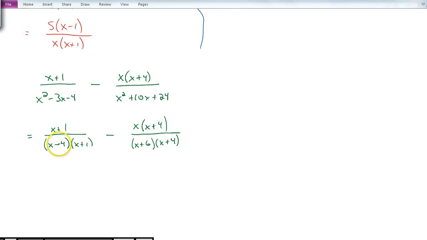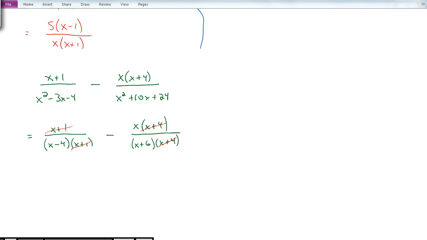Okay, now we notice that these two denominators don't share factors, and it looks like their LCD might be their product, which would be a product of 4 linear factors, and that would be pretty gnarly. But you also realize that there's a common factor in the numerator and the denominator of these fractions, and anytime there's a common factor in the numerator and denominator, you may divide them. I don't use the word cancel, I use the word divide because that's what you're really doing. You're dividing these factors.